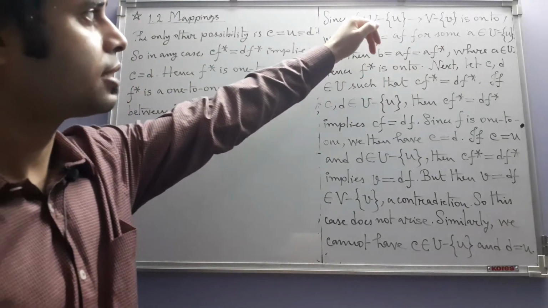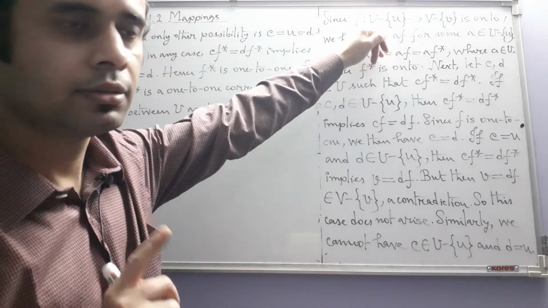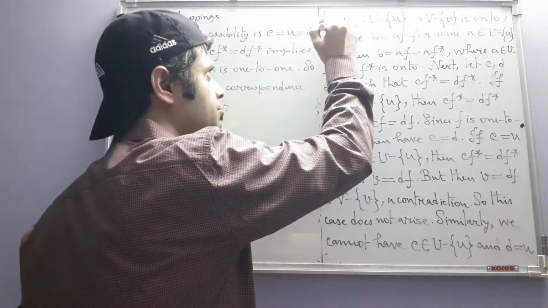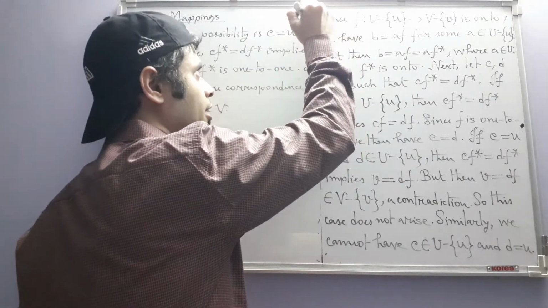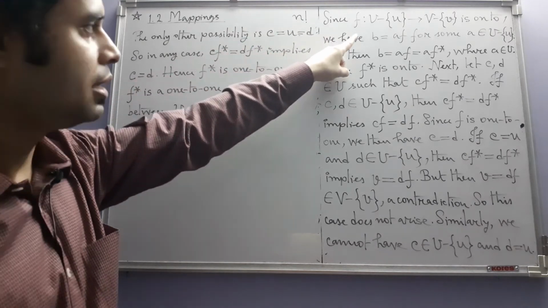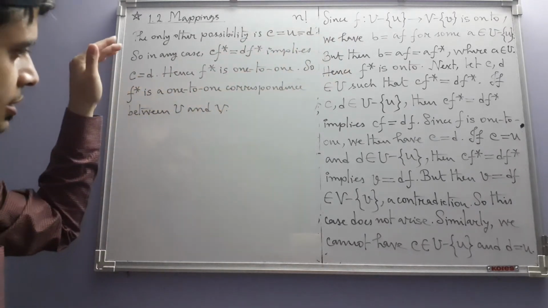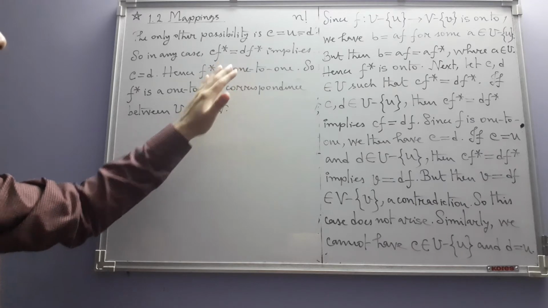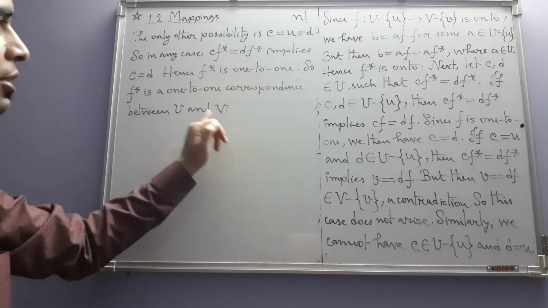And how many such 1-to-1 correspondences we had? From the induction hypothesis, we obtained that the number of such 1-to-1 correspondences is n factorial. So they will generate the same number of 1-to-1 correspondences f star between U and V.